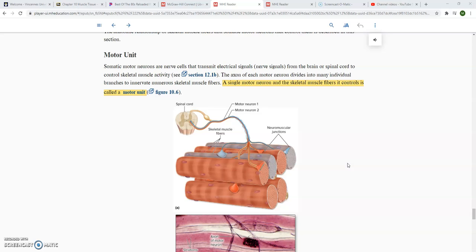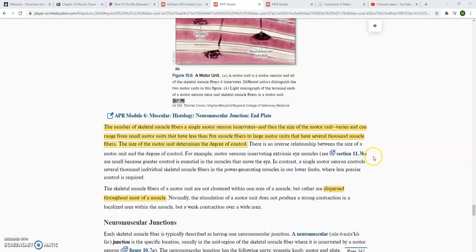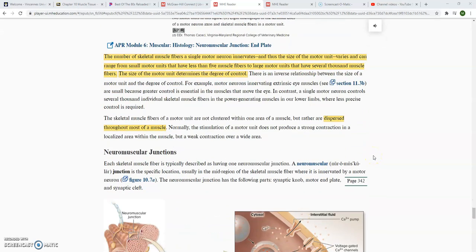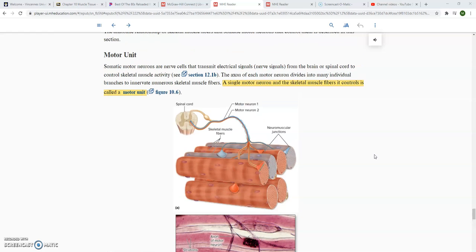Another thing I always talk about when we talk about motor units, and I don't think they really talk about it here much, is that this explains why we have the ability to control how much force we apply to a movement. Say I want to pick up a piece of paper off the table.